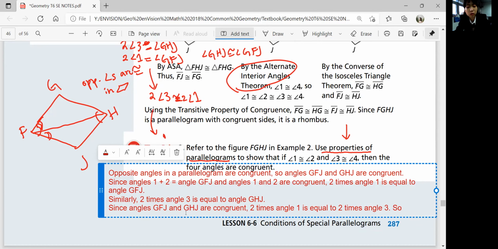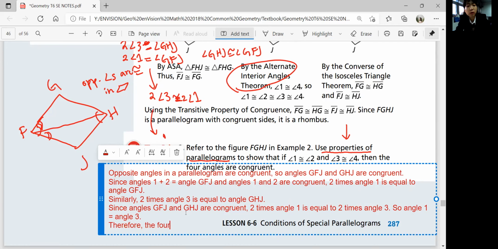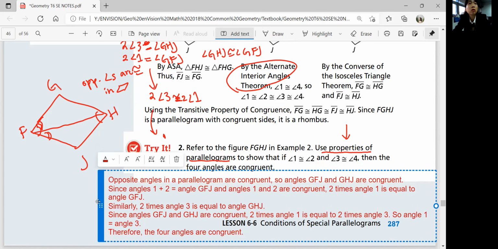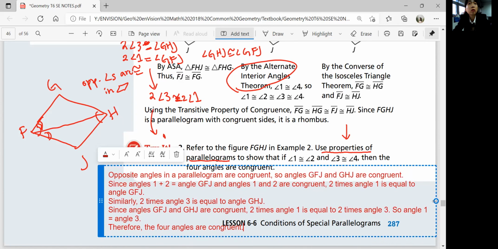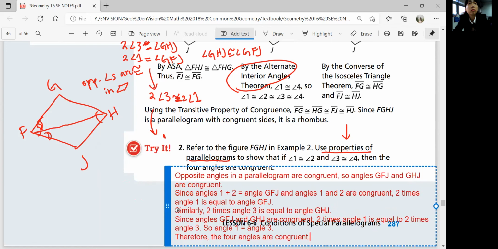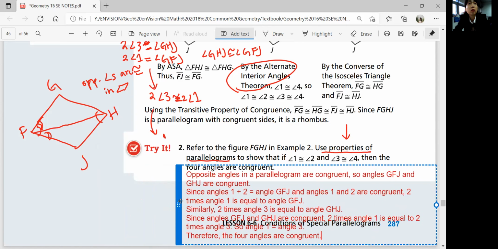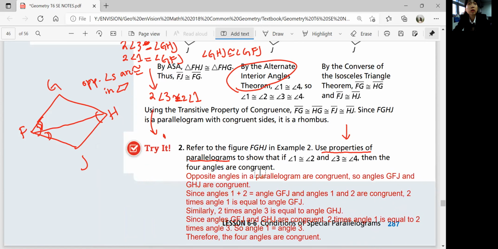So angle 1 is equal to angle 3. Therefore, the 4 angles are congruent. There you go. Okay.